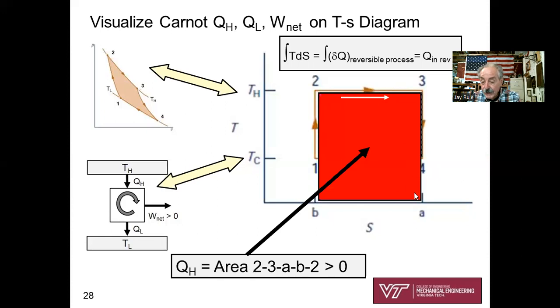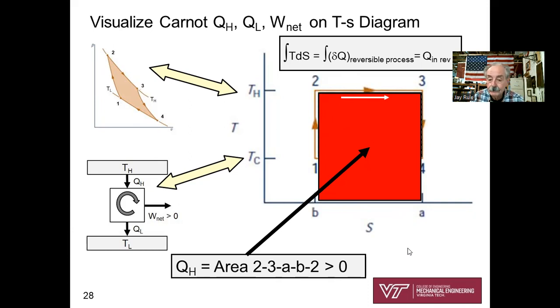And so it's a rectangle that goes from the 2 to 3 line all the way down to absolute 0. So that red rectangle is the visualization of QH, area 2, 3, A, B, 2. There is the visualization of the heat added, QH.